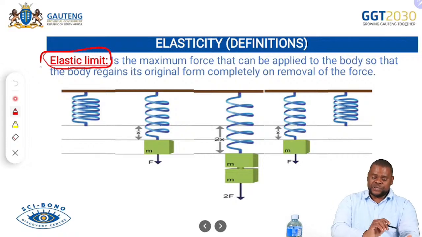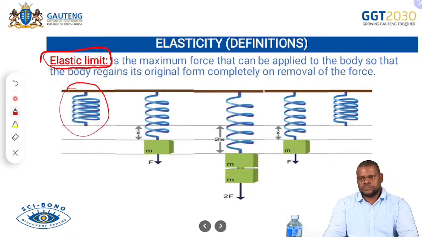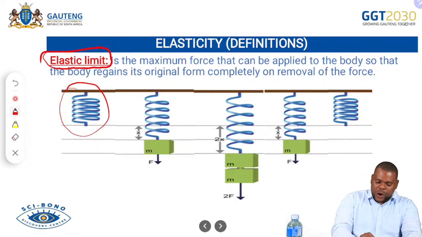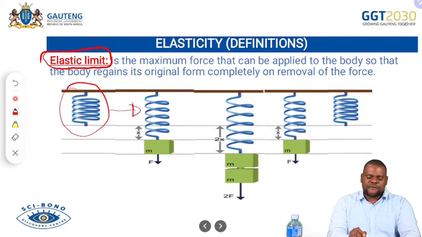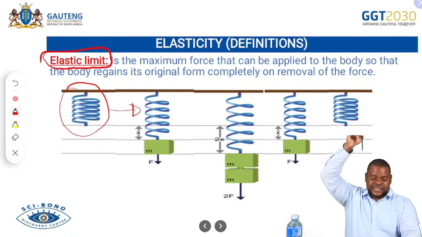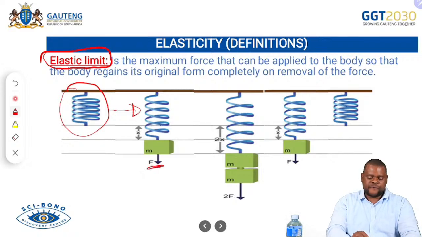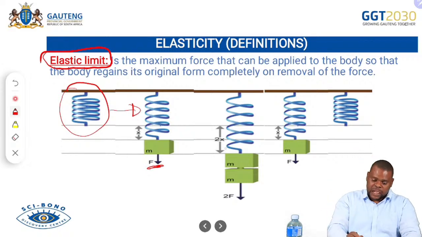Let's look at this example here. This is the original spring. Now I apply a force downwards, because this spring, remember, is hanging on the ceiling. Then it will stretch to F, to this level. And if I continue stretching it, it will stretch again to this level.